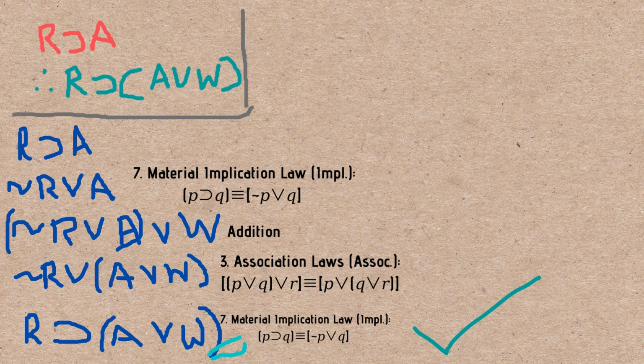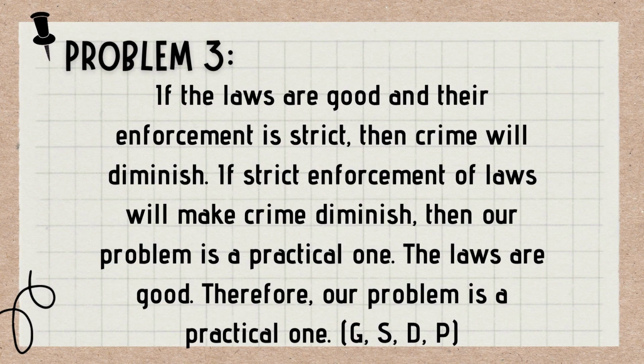Apply the association law in it, and you will get the fourth line. Applying the material implication law in it, you will get the exact conclusion which you are looking for. This is pretty easy when you understand it.